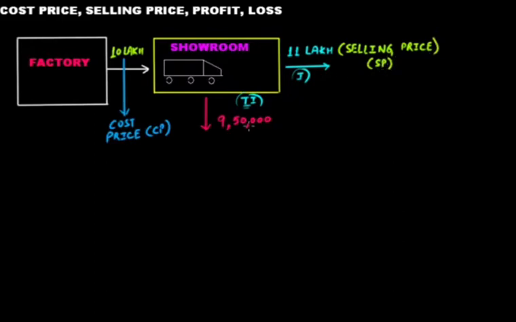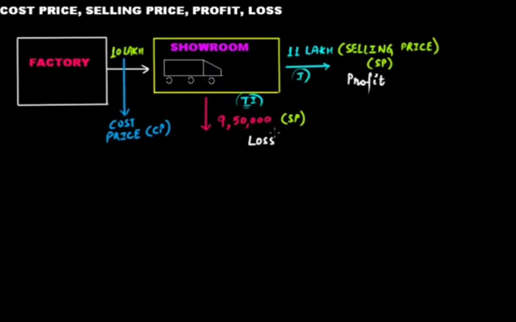And this is the selling price in the second condition. Clearly, when you sell this truck for 11 lakh, you are in a profit. And when you sell this truck for 9,50,000, you are in loss. So this condition is for profit, and in this condition you are in loss.